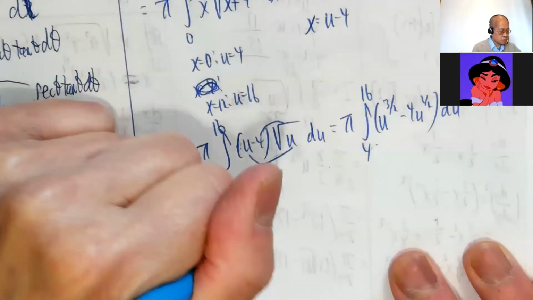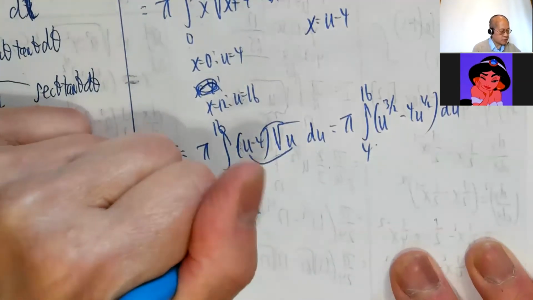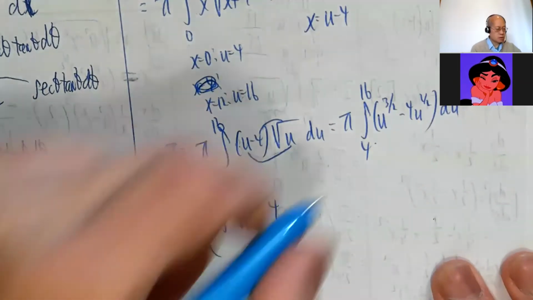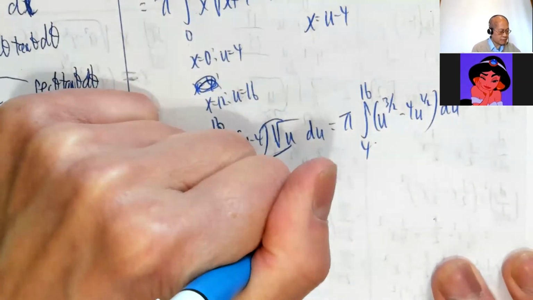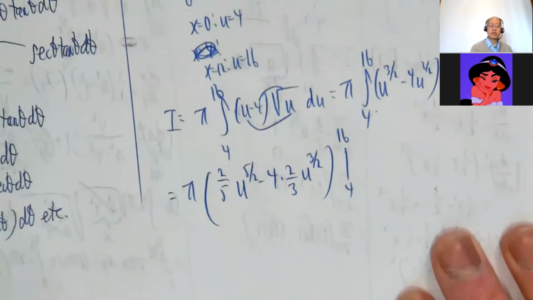Pi, u to the 5/2 divided by 5/2, minus 4 times u to the 3/2 divided by 3/2, from 4 to 16.